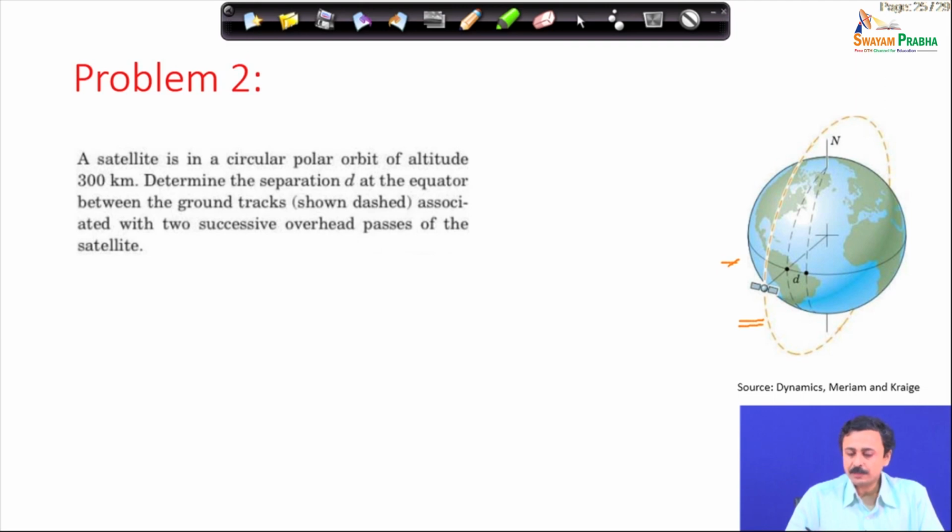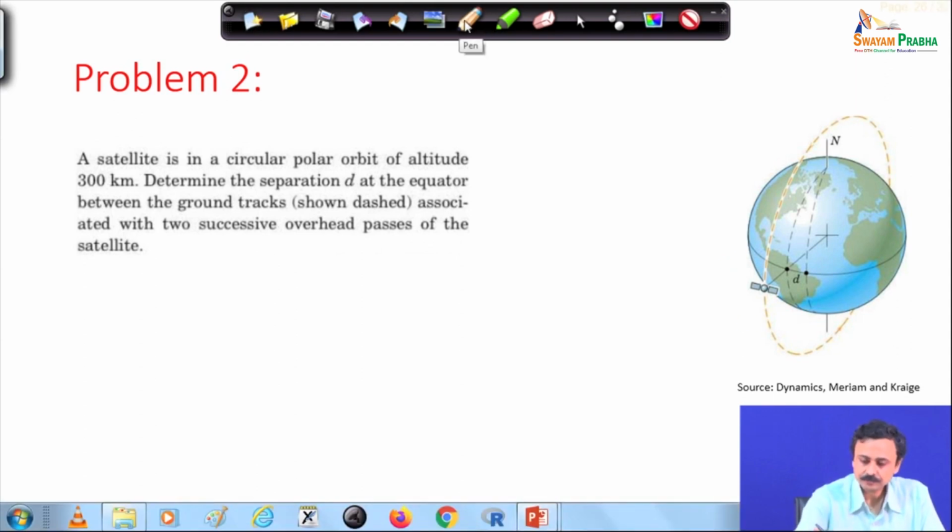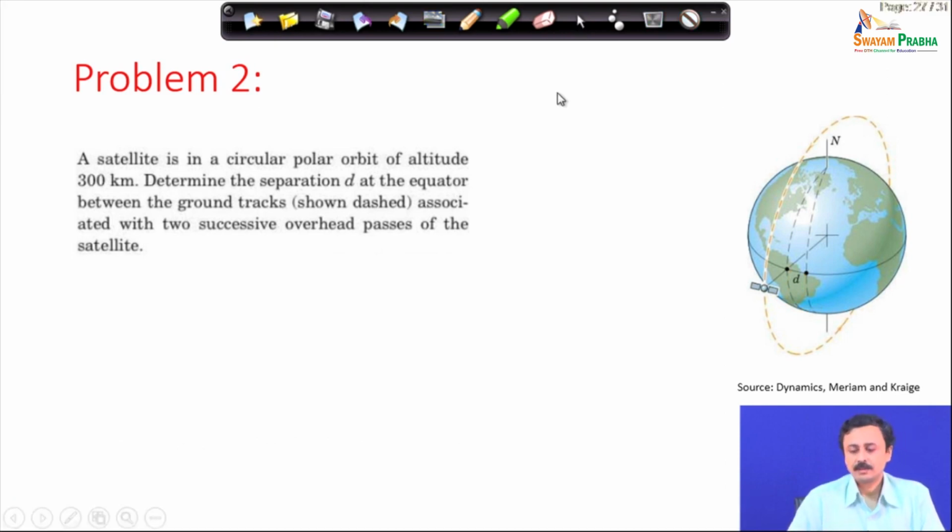We have to find out the separation distance d, it is marked here. This is the separation distance, this distance on the equator between the 2 successive track marks. So, this satellite will go overhead these points.